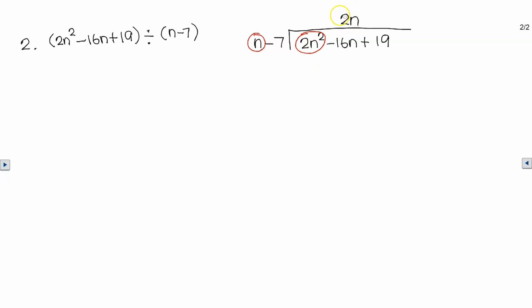And I put that up top. All right, now time to multiply. So we're going to do 2n times n, which is 2n squared, and we're going to do 2n times negative 7, which is a negative 14n.